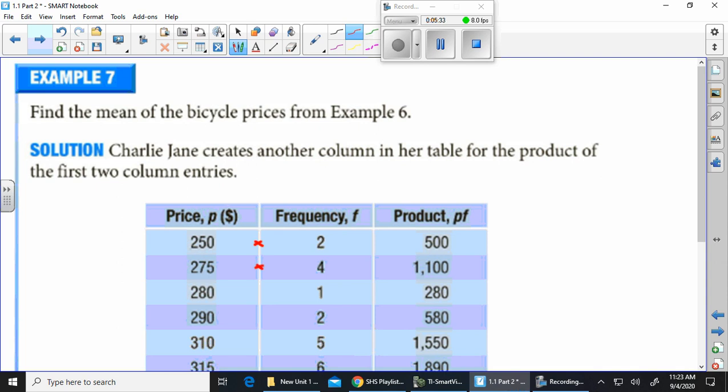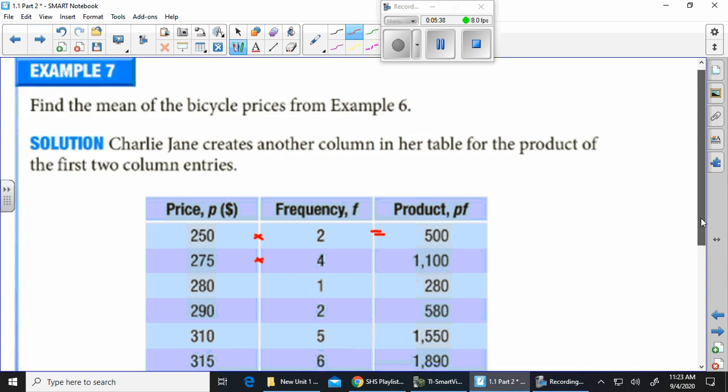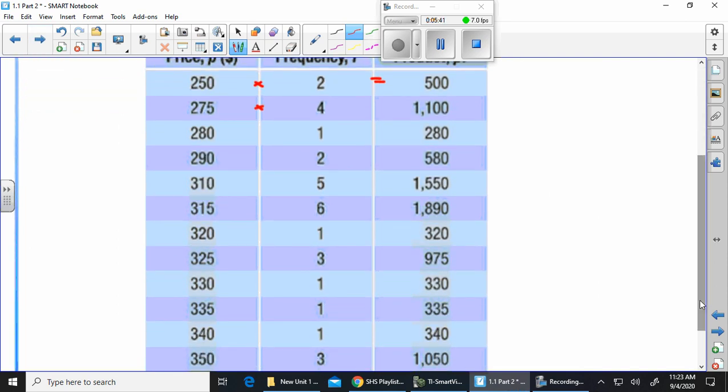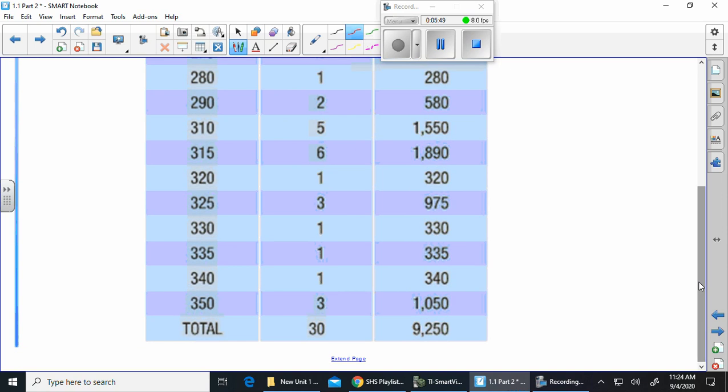So if I multiply all these, that's giving me two 250s, four 275s, one 280, etc. Then what I would want to do is add up all those numbers, and the sum of the data then is 9,250. You don't want to add this column up because this column is just saying that you had one of everybody.